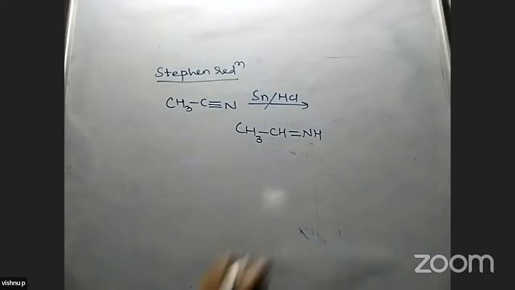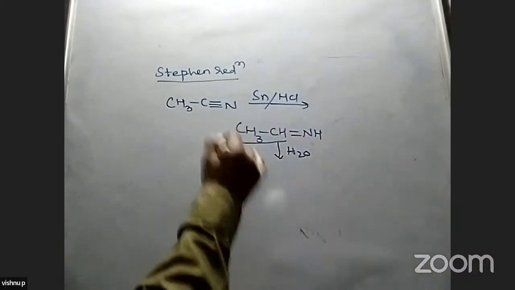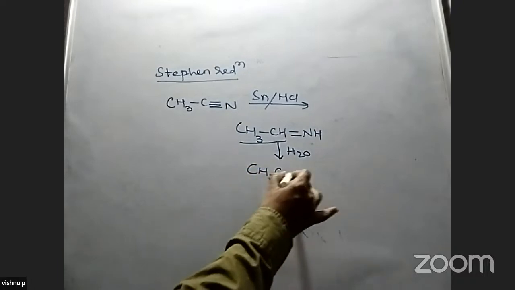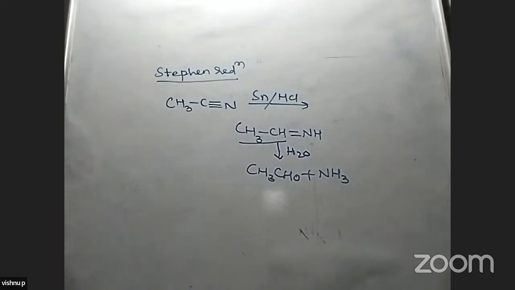So imine is formed in this reaction. When it is treated with water, this part is separated as CH3CHO, along with the two hydrogens combined with the NH group forming ammonia. So this is Stephen reduction, and in Stephen reduction, only aldehydes are prepared and ketones cannot be prepared by this method.